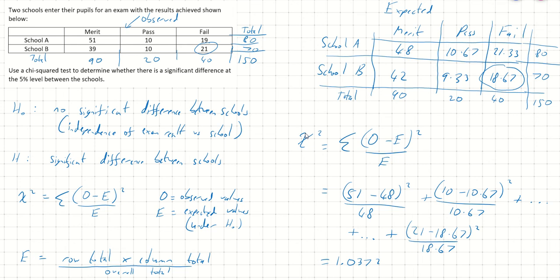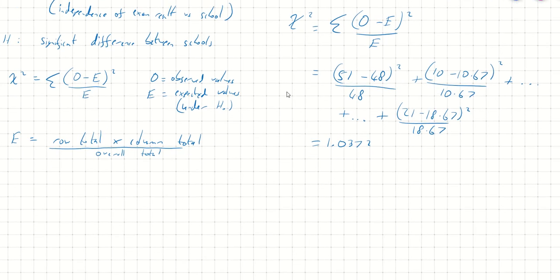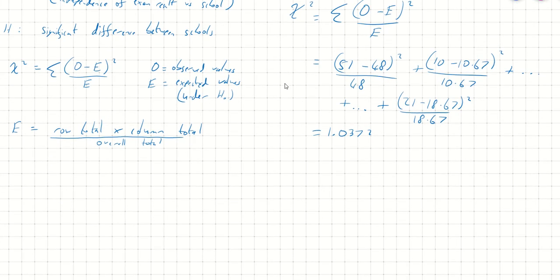Now, in order to do the test, we need to compare this with some chi-squared statistical tables. Remember we were looking at the 5% significance level in the question, so we need to compare it with the chi-squared 5% value.